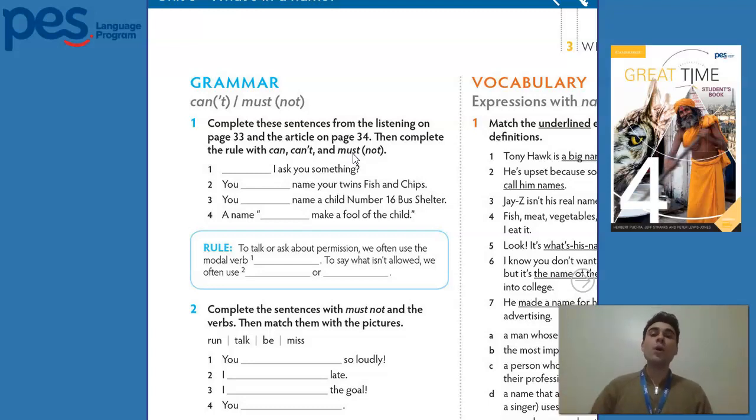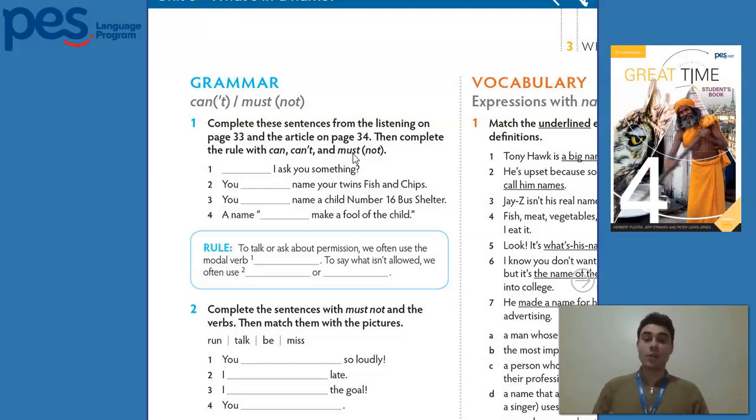And also, the other three sentences are in the article about the strange names, right? Or at least the different names. But before we go there, I want you to try to complete the sentences. So again, you're going to pause this video now, and you are going to complete sentences 1, 2, 3, and 4 with can, can't, must, or must not. Okay?